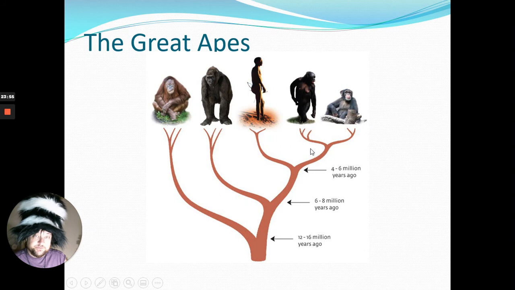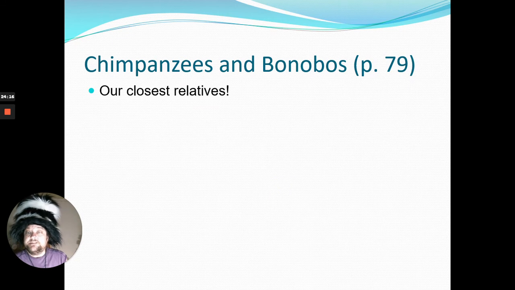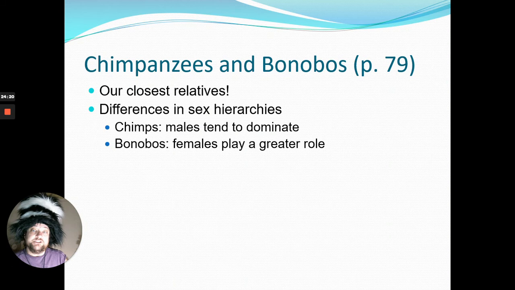But there were others before, and there were probably other splits here that led to the existence of today's chimps and bonobos. So part of what you're going to read, page 79, there's a few paragraphs there that talk a little bit about chimpanzees and bonobos. Again, they're our closest living relatives, so a lot of primatologists have spent a lot of time learning about them, because that can give us clues about our own evolution.